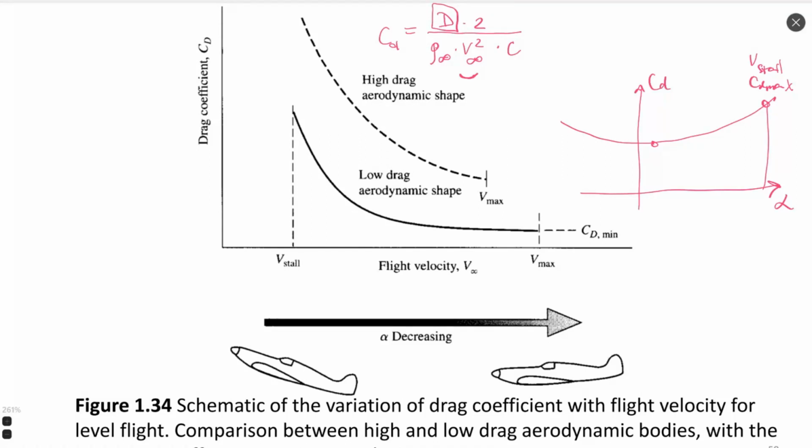Because they have a much more powerful energy unit, right? But if we compare airplanes with the same level of thrust, we will see that airplanes which are more perfect from the point of view of efficiency will definitely fly faster than regular or high drag aerodynamic shapes.